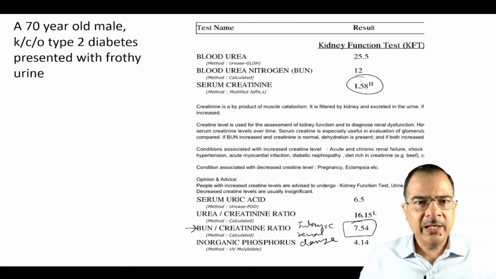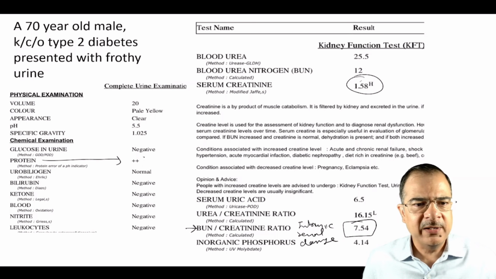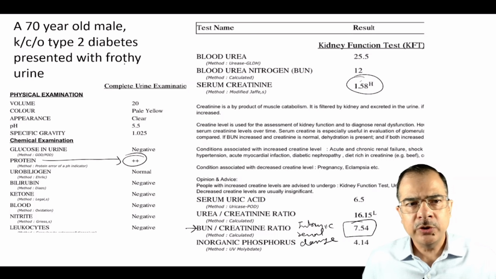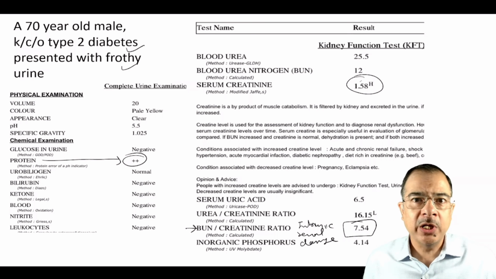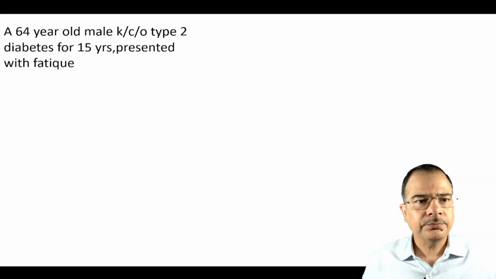So when we get the urine analysis done, in the urine you can see the protein levels are high. So the patient has frothy urine because of diabetic nephropathy. This is macroalbuminuria, which is present because it is detected on the urine dipstick on a normal urine routine microscopy. So this is a typical diabetic nephropathy.